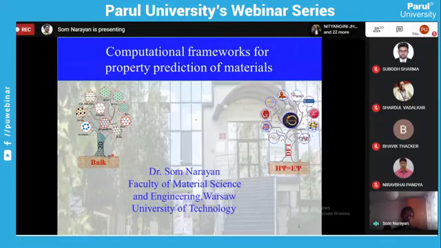So a computational framework for the property prediction of materials is very much essential for today's day-to-day life. Why it is necessary, and why we should choose the proper methods for the prediction of materials, and also in the bioinformatic fields.